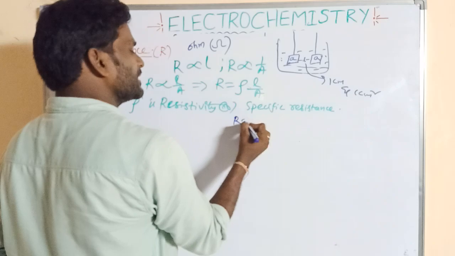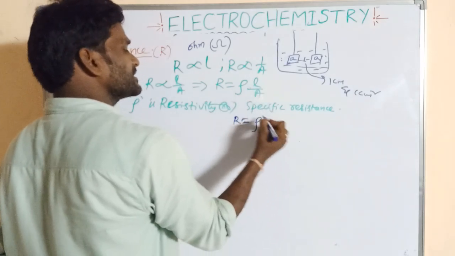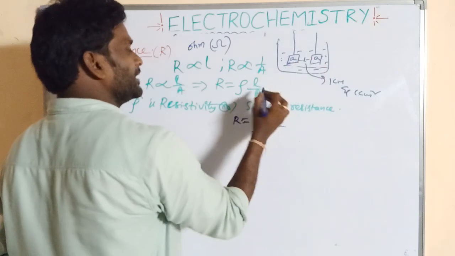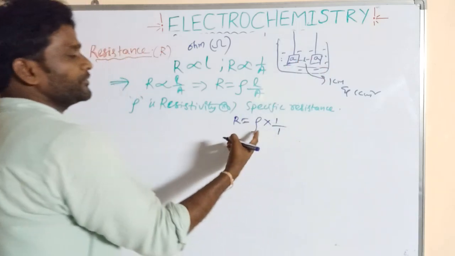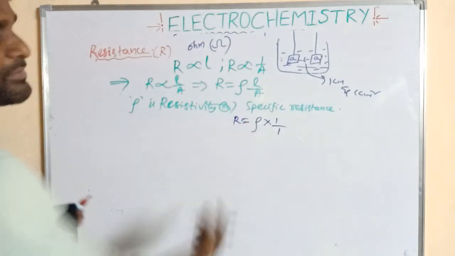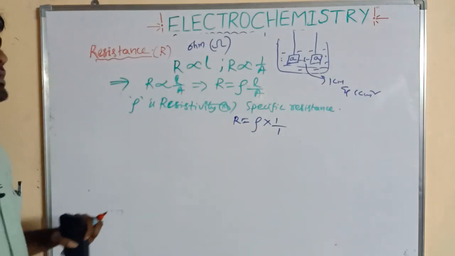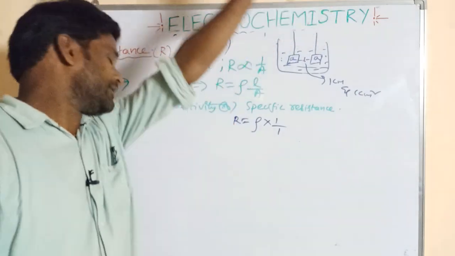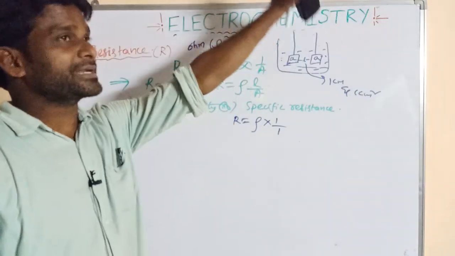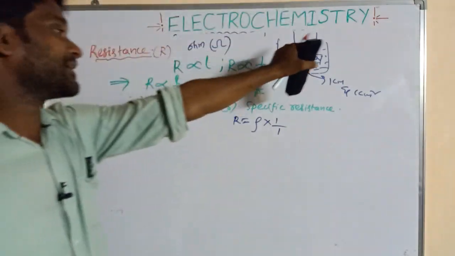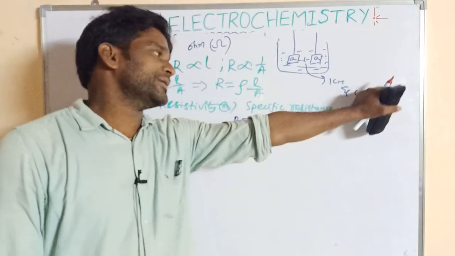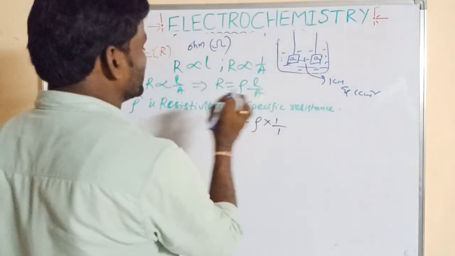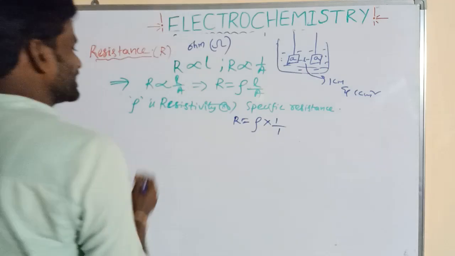So R is equal to rho when L is 1 and the cross sectional area is 1. So it is represented by rho.